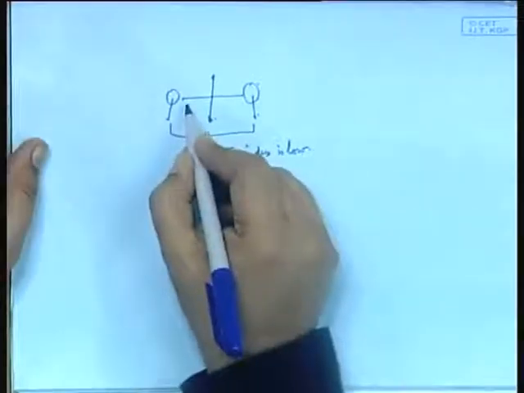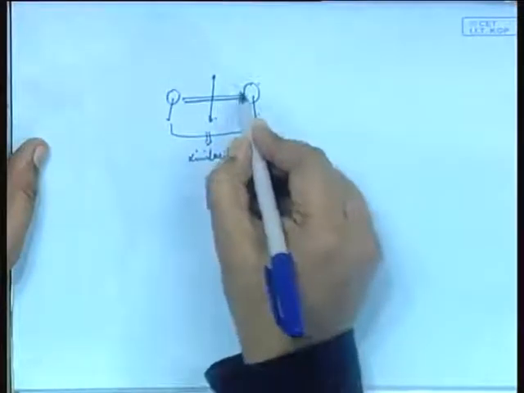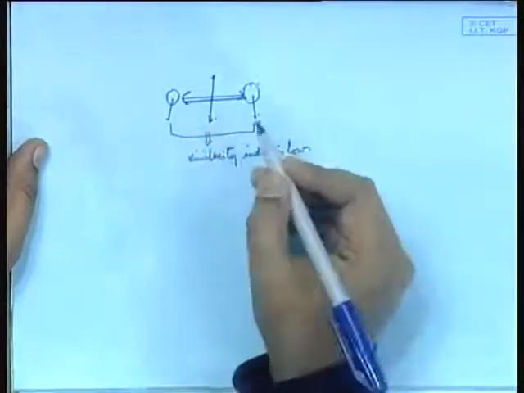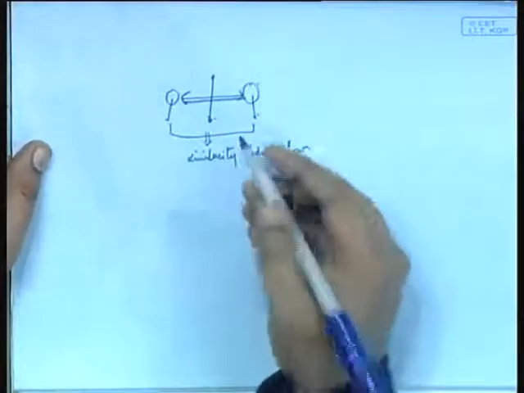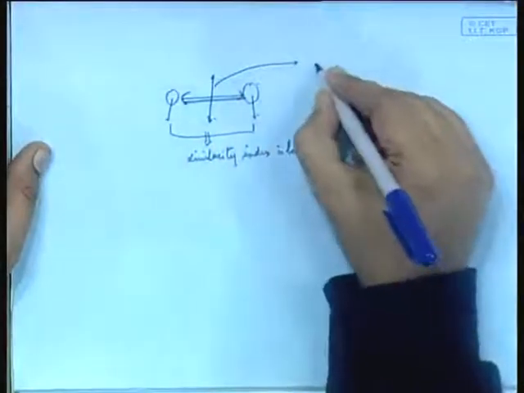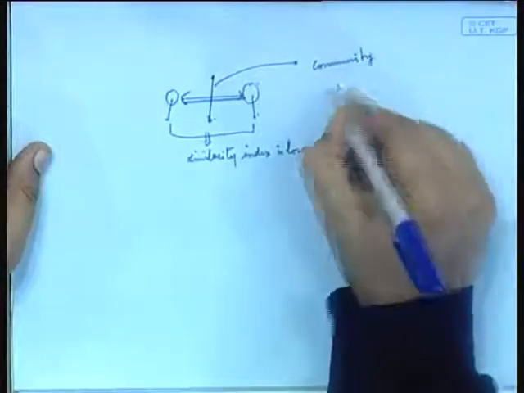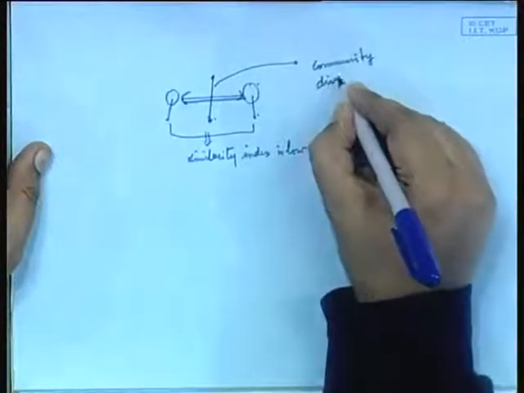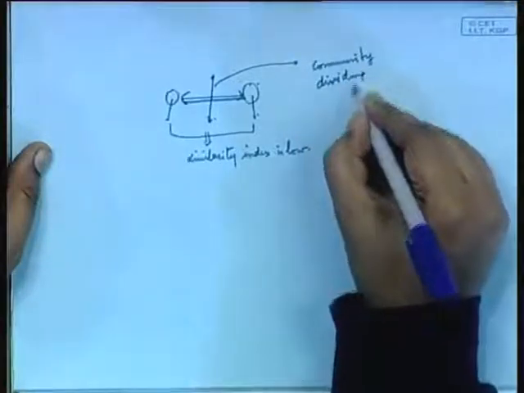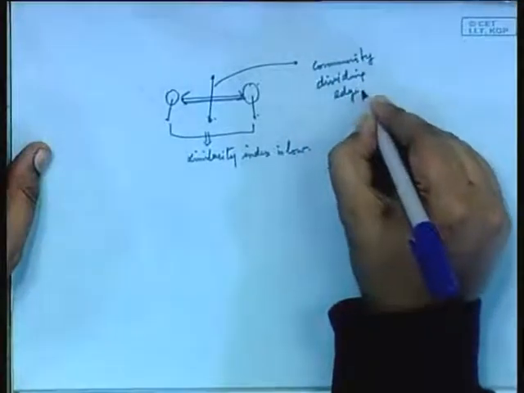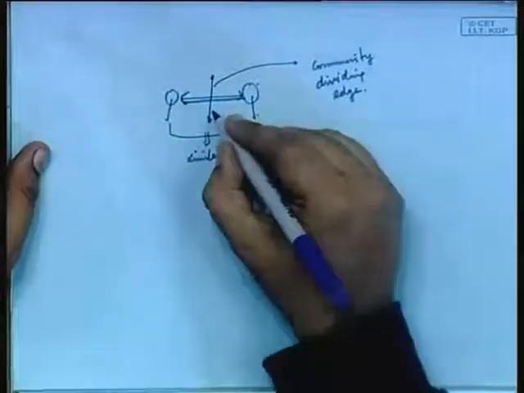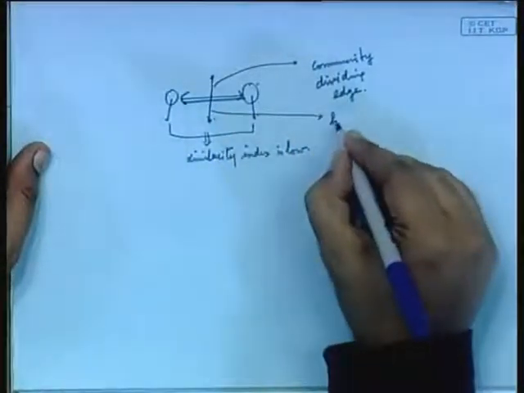But you can think of it in another way. When is this edge a community dividing edge? When it has high betweenness.